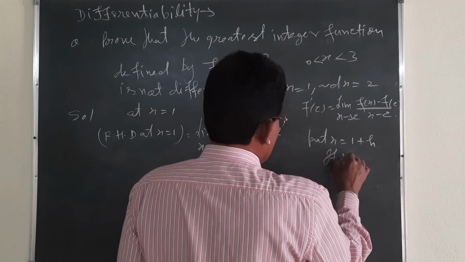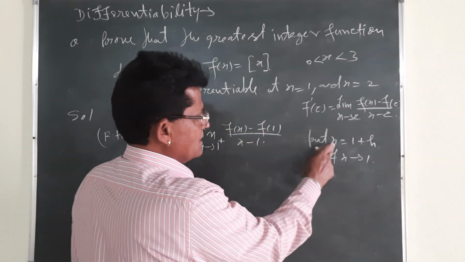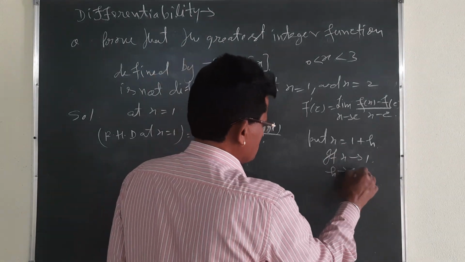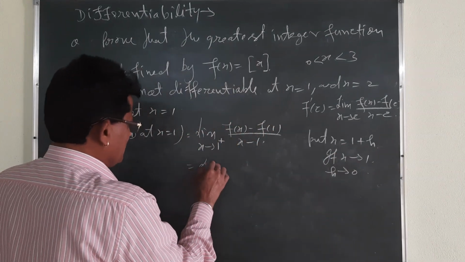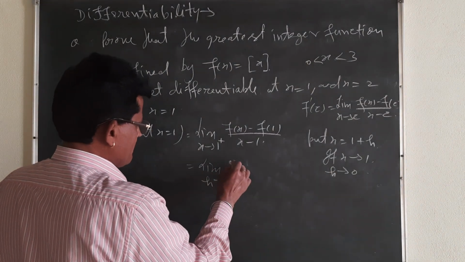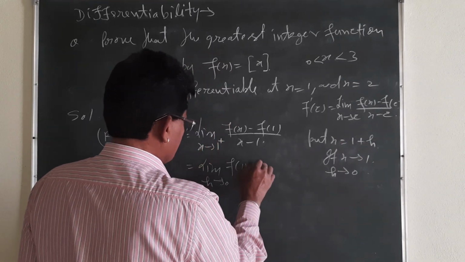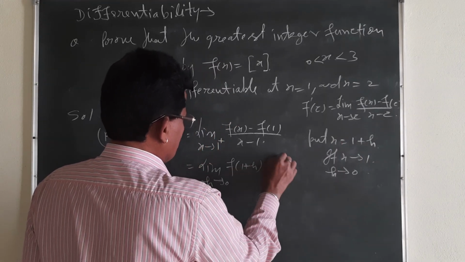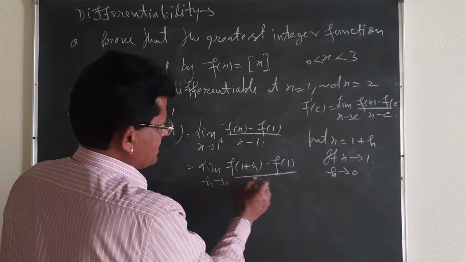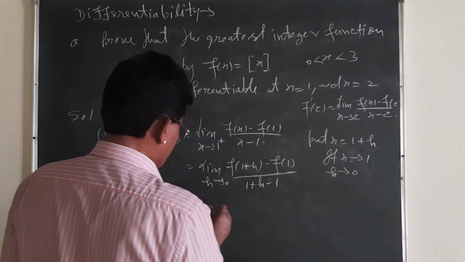If x tends to 1, then h tends to 0. Let me take limit h tends to 0. In place of x, you will write 1 plus h, 1 plus h minus f(1) upon 1 plus h minus 1.